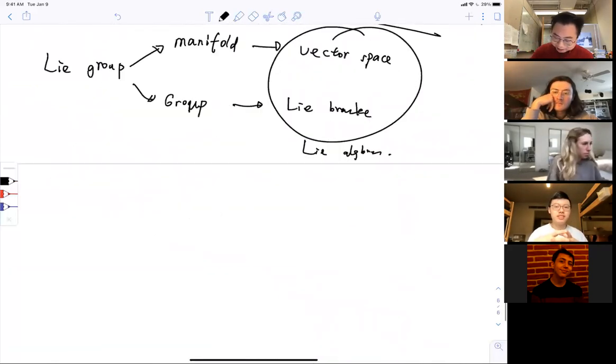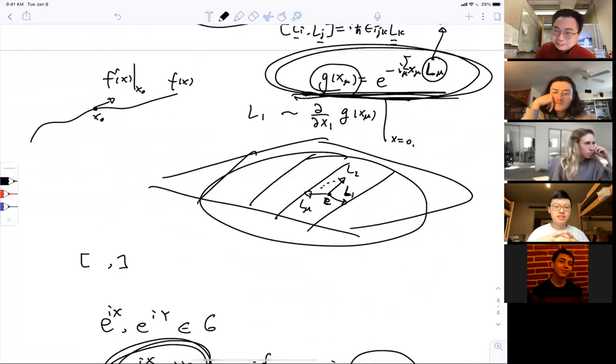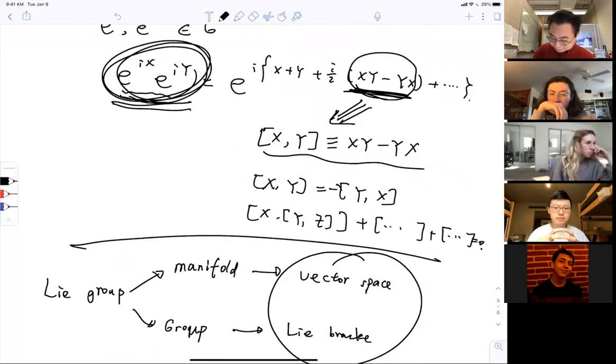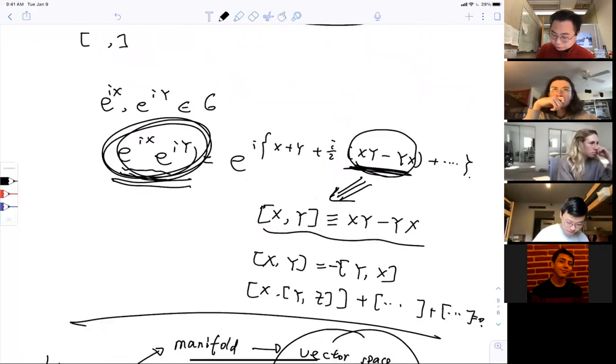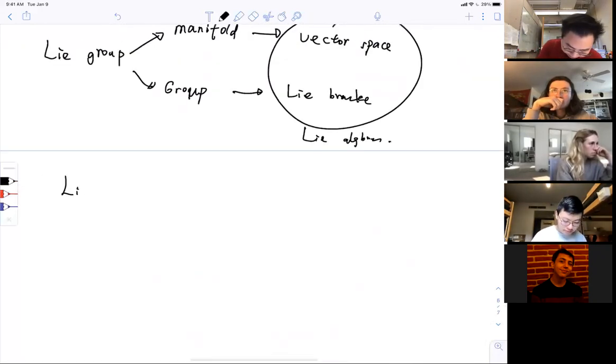Right. That's what I'm going to say next. If we know the Lie algebra, we get a Lie group. We just take the exponential. The reasoning is not that rigorous, but I think it's good enough for you guys to get the intuition. So how do we go from the algebra to a Lie group?